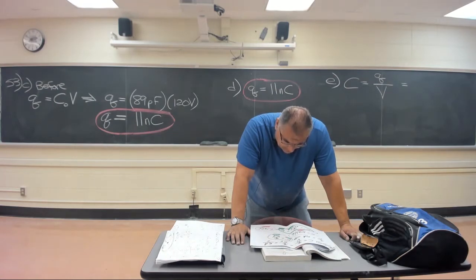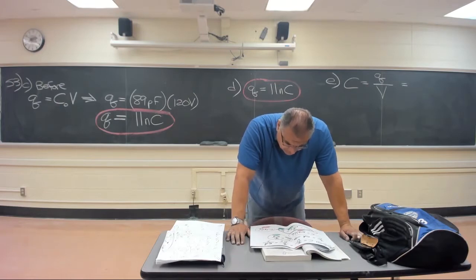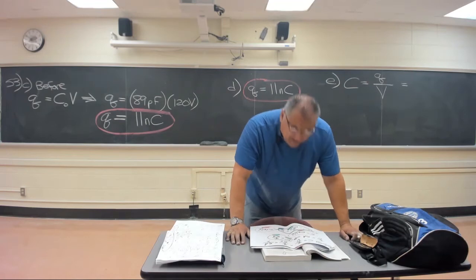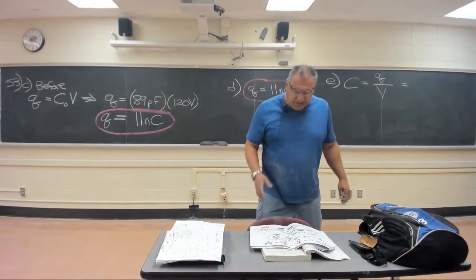Now, it does work out the same. Let's see exactly, because voltages add up when things are in series. The Q is the same. So either in scenario 1 or scenario 2, it's not going to be an issue here.